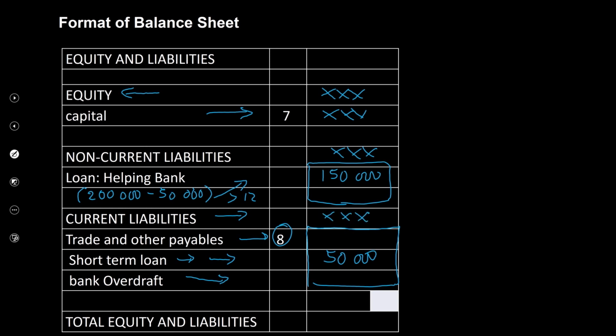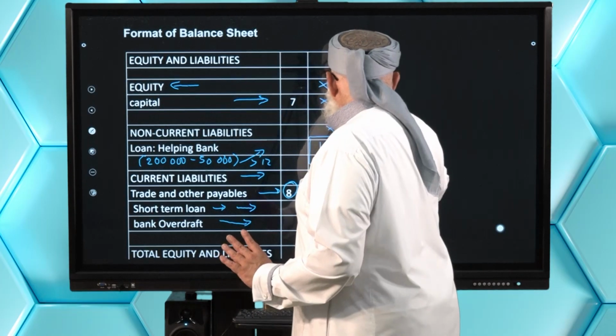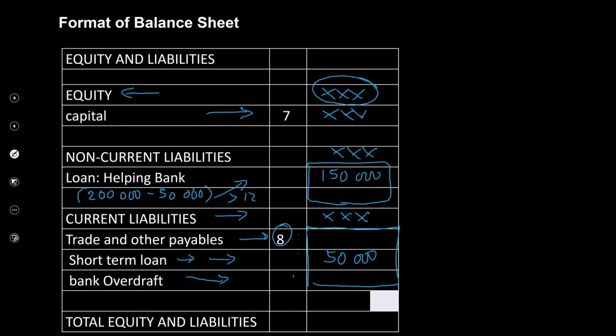Let's do that again: add up your trade and other payables plus your short-term loan plus your bank overdraft, and that gives you your current liabilities. Now, add the three components. What are they? It's equity plus non-current liabilities and your current liabilities.